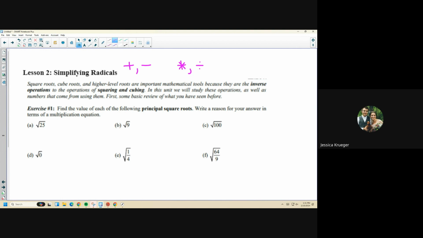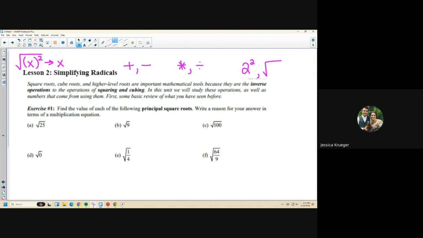If you have a number squared, the square root is the inverse. So they undo each other. So an important thing to realize is if I start with x and I square it, and then I proceed to square root it, what I will end up with is x.